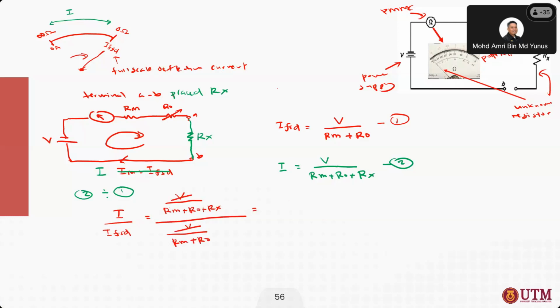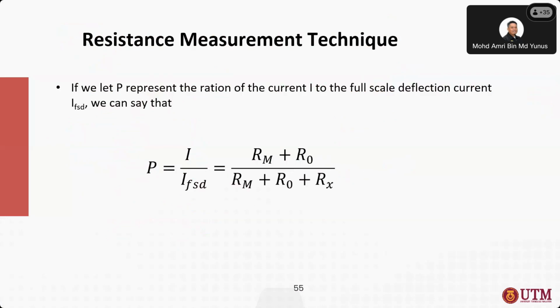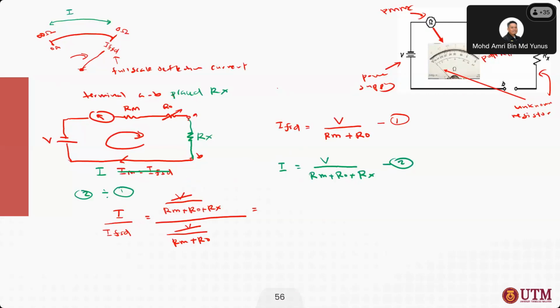So we can call this the ratio P, the ratio of current to the full scale deflection current.